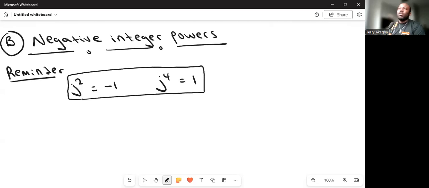Now I'm going to zoom in on J squared equal to -1. So let's look at J squared is equal to -1. Now, I can divide both sides by J. Is this making sense?